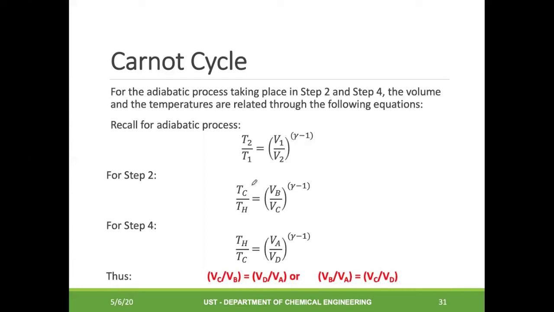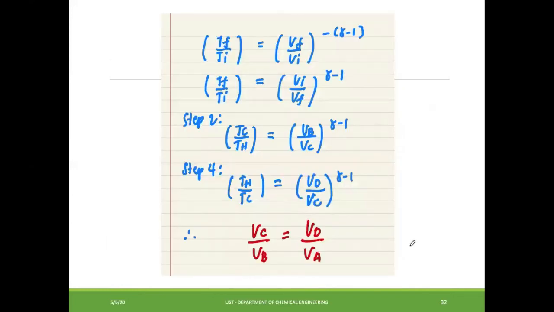So step 2, it's TC over TH equal to VB over VC raised to gamma minus 1. The last step, step 4, TH over TC is equal to VA over VD raised to gamma minus 1. Now, the equivalent relationship is VC over VB equal to VD over VA, or VB over VA is equal to VC over VD.